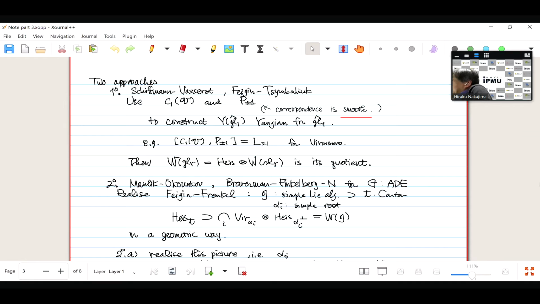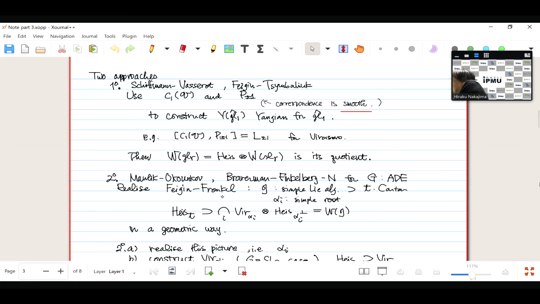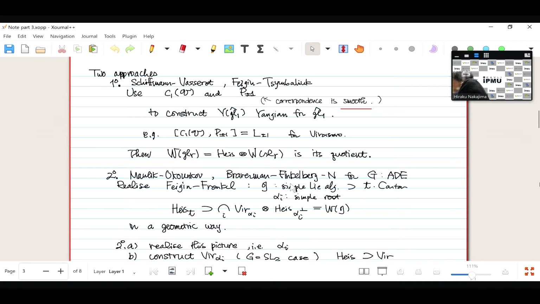Anyway, I briefly recall what it is. You start with a simple Lie algebra. I assume G to be ADE, but their construction is more general. And t is a Cartan subalgebra.